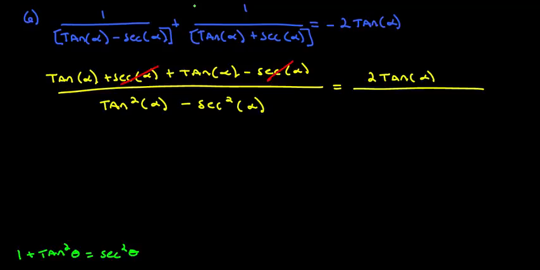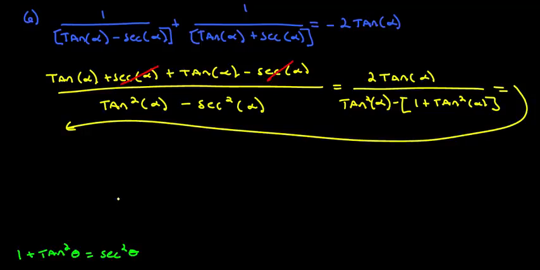So this is going to be, well, I don't know if I'm going to have enough room to write it. So tangent squared alpha minus, now secant squared is equal to 1 plus tangent squared alpha, like that.